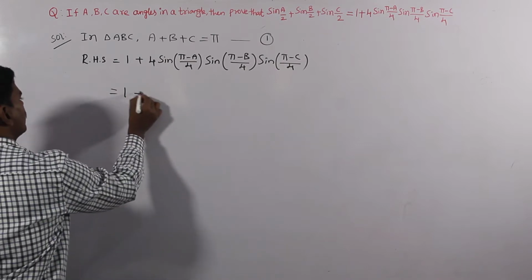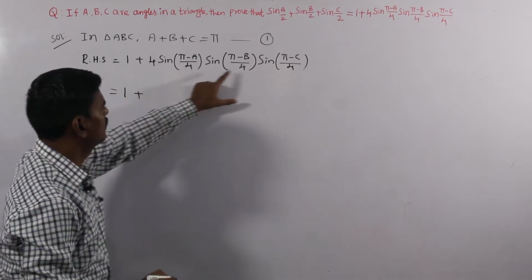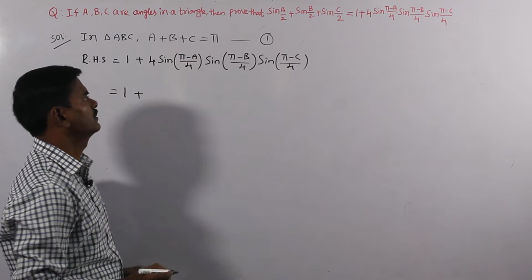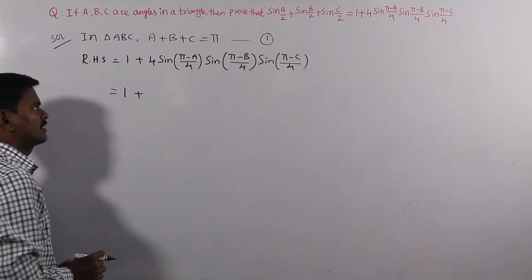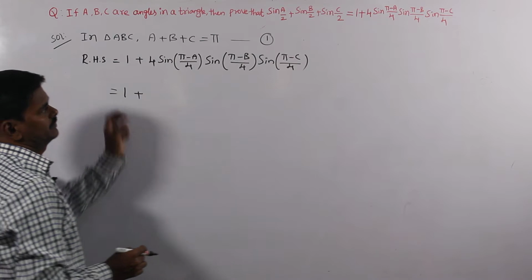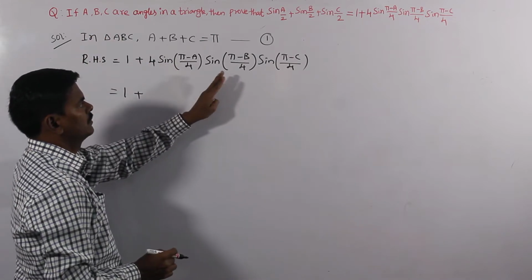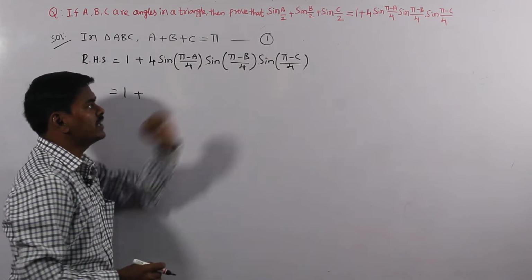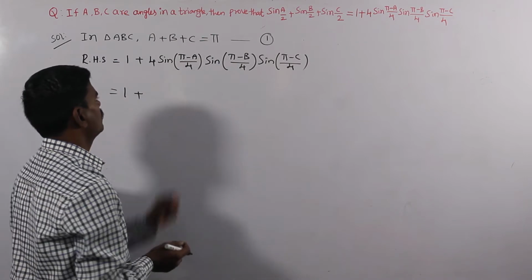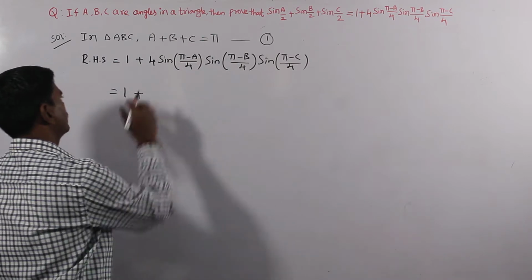So let us write 1 plus same. If you observe here, product of three ratios. If you remind formulas in transformations, we have product to sum, but that is for two ratios only. So one of these three ratios must be kept aside.